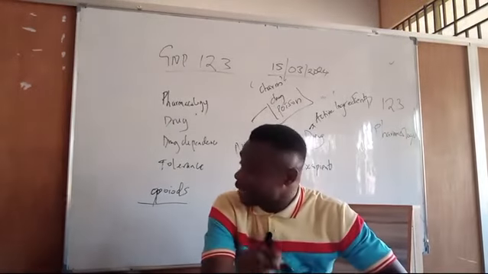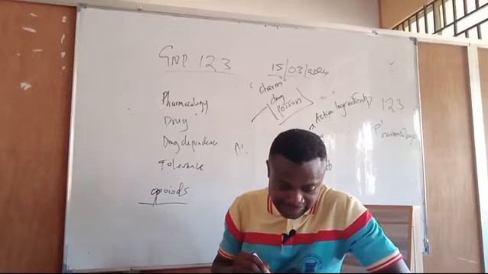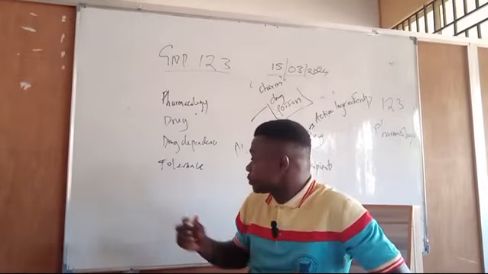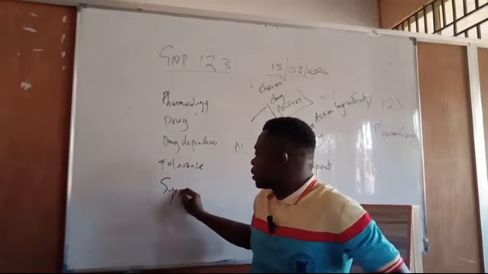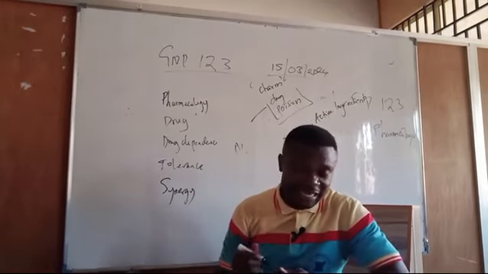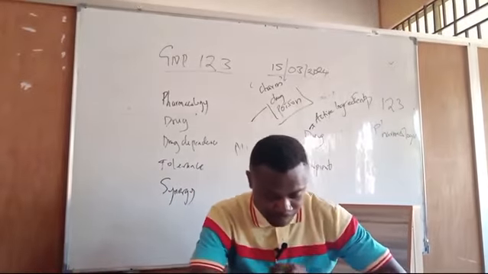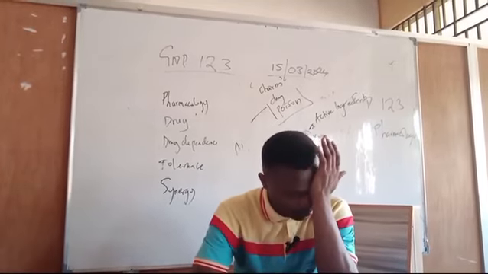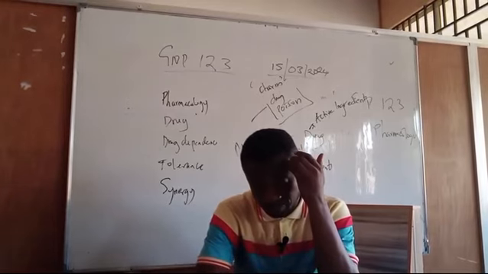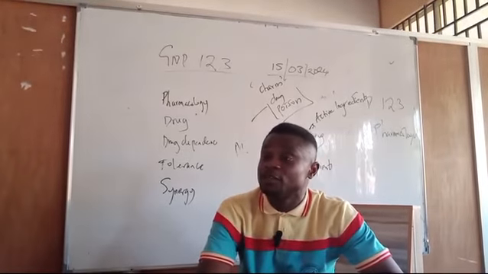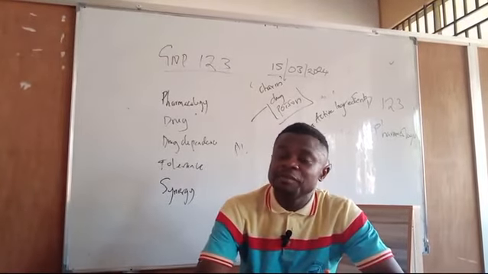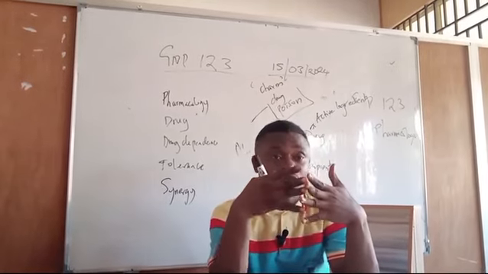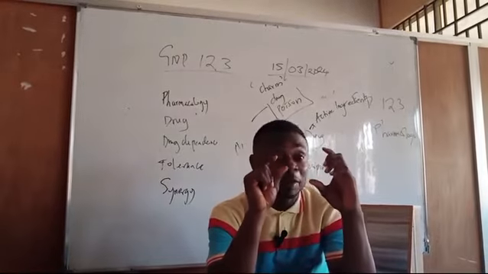Now, another term I want us to look at is synergy. Let me explain what we mean by synergy. Sometimes you may see two drugs formulated in a particular medicine.